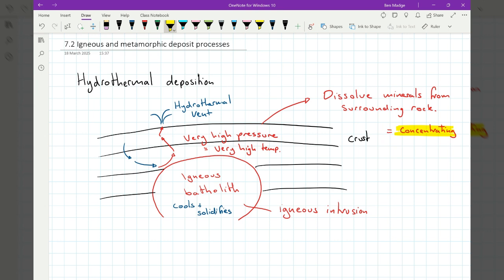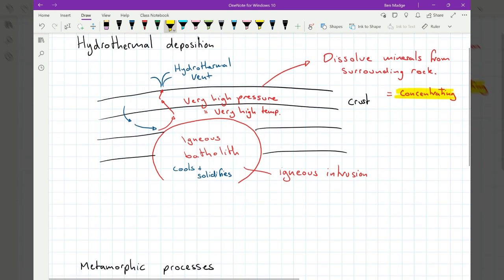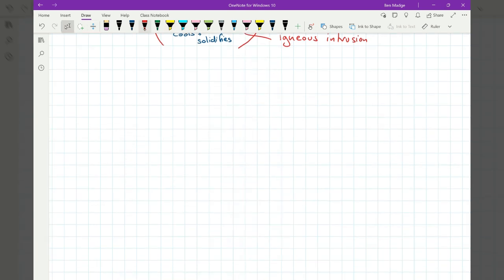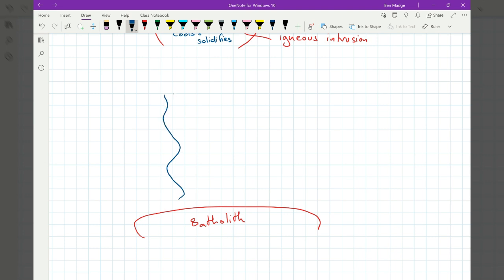And because it's all in one place, this means that it becomes potential for us in the future to start exploiting it. So as our hydrothermal vent works its way up from the batholith, let's say this is our fissure that our hydrothermal vent is following to the surface.